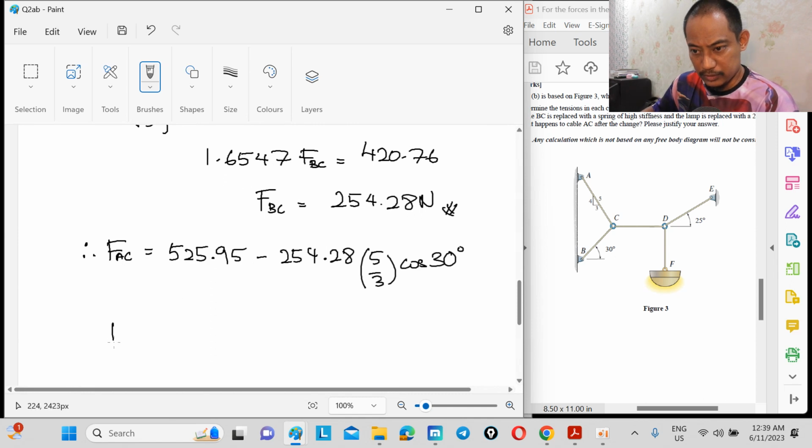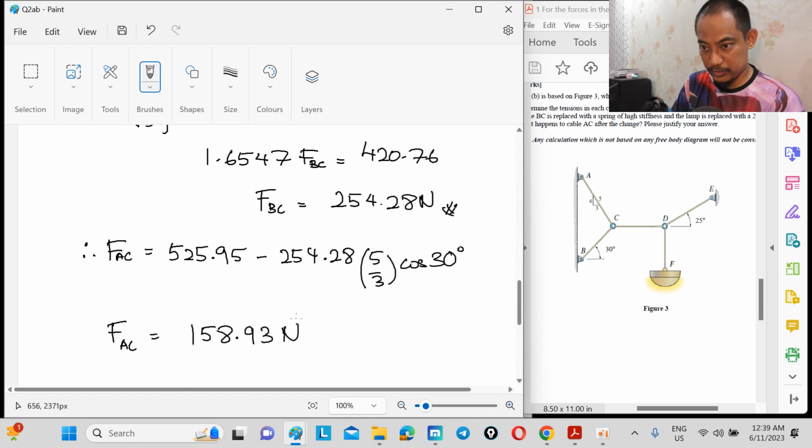So it will be FAC equal to 525.95 minus 254.28 times 5 divided by 3 times cos 30. It becomes 158.93 Newton. Double check: 525.95 minus 254.28 times 5 divided by 3 times cos 30, 158.93.